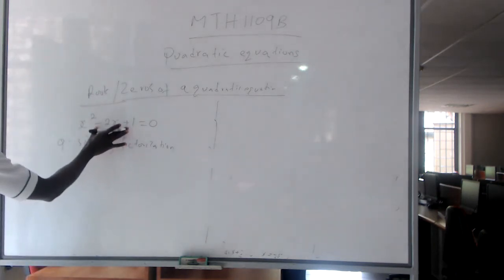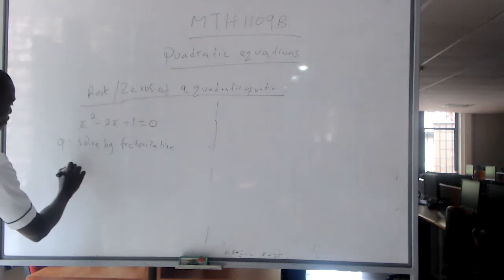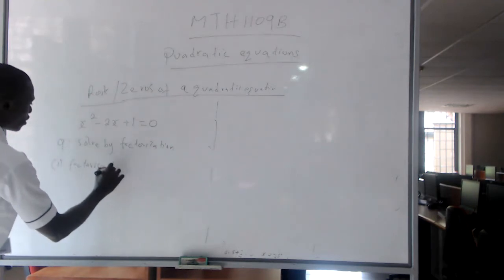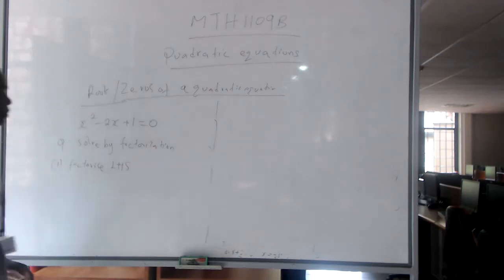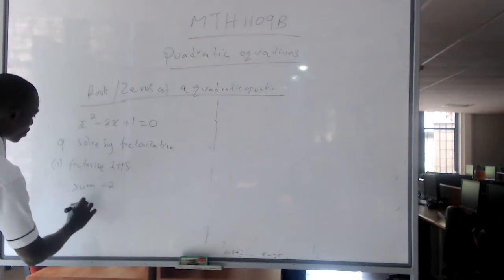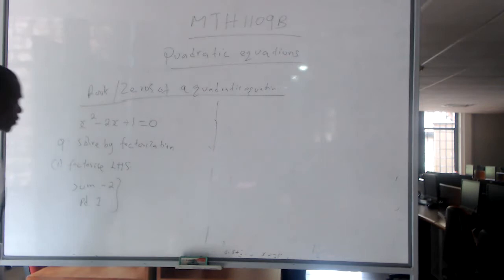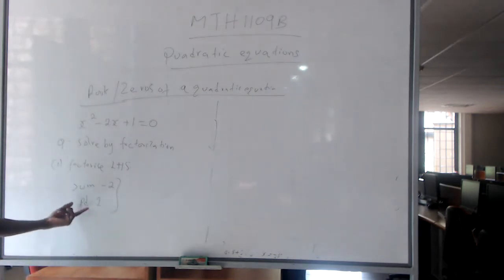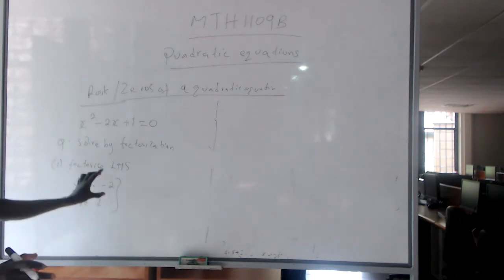So first, factorize. Step number 1, factorize the left-hand side. I need to look for two terms whose sum is -2 and product is 1. The trick here is to find the factors of the product and only pick the factors whose sum is -2.